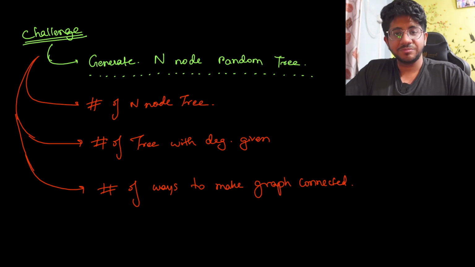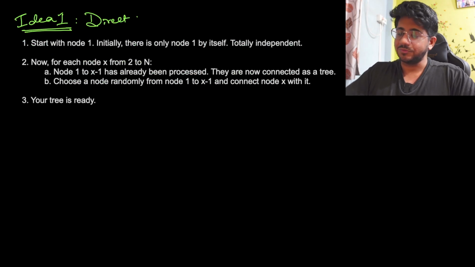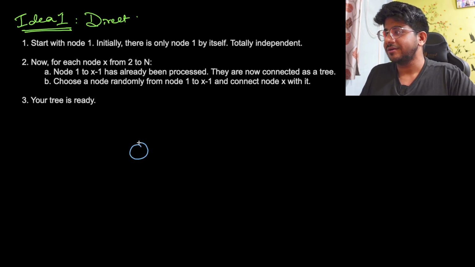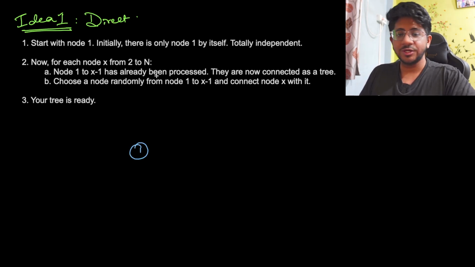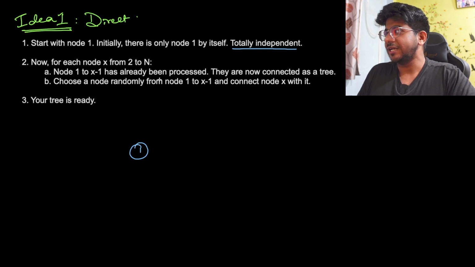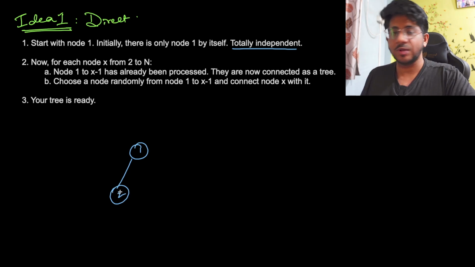Now, generation is a topic in itself, and this is not an easy task. If you think about it directly, you might come to an idea which looks something like this. Start with node number 1, and initially there is only node number 1 by itself, totally independent. Now you have nodes 2 to n being randomly added going forward. Whatever nodes have been added till now, randomly pick a node and add the next node as a branch of it.